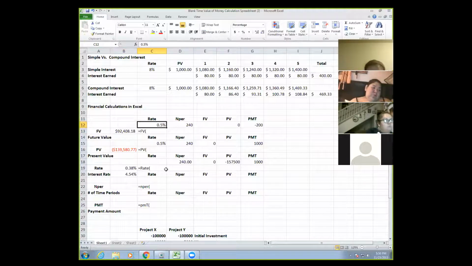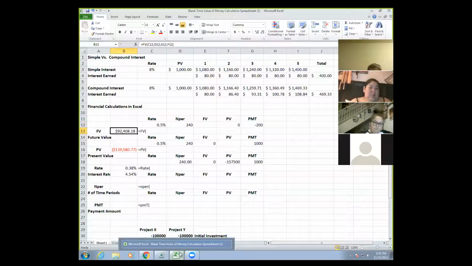So that's your monthly interest rate. The number of time periods was 240, which is 20 years times 12 months. And then your monthly payment is -200. You're shelling out $200 a month. So it should give you this end result, $92,408.18.